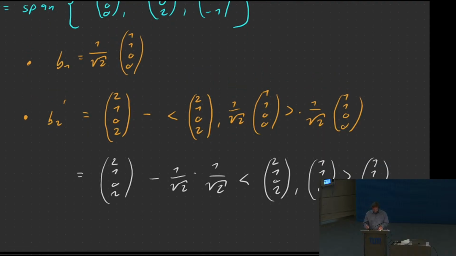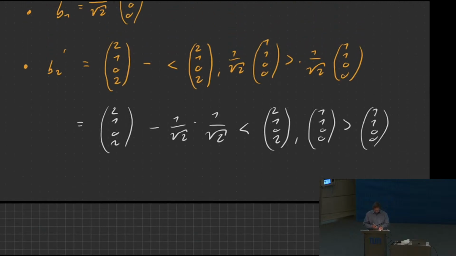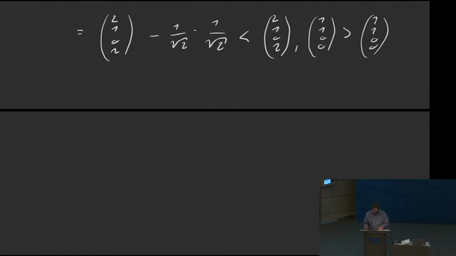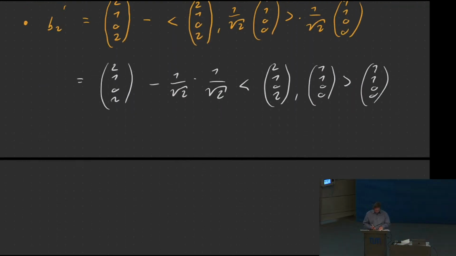So I need more pages. Okay, now next I'll just compute the scalar product. And I'll say this is 1 over 2 as a factor.